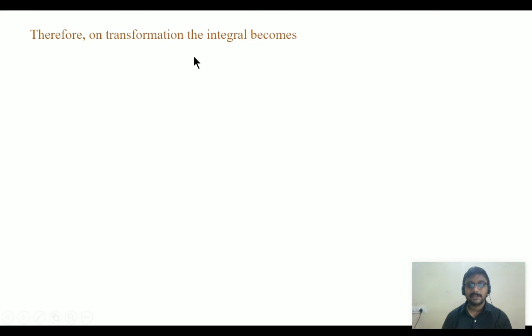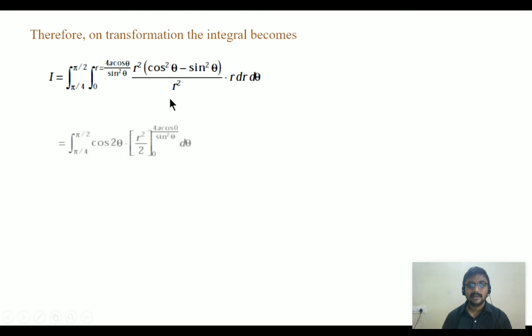Therefore, on transformation, the integral becomes like this. While integrating with respect to r, we keep theta as constant. Cos square theta minus sin square theta gives cos 2 theta, which is kept as constant. The integral of r with respect to r is r square by 2.